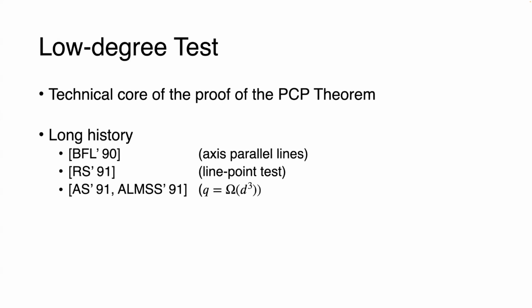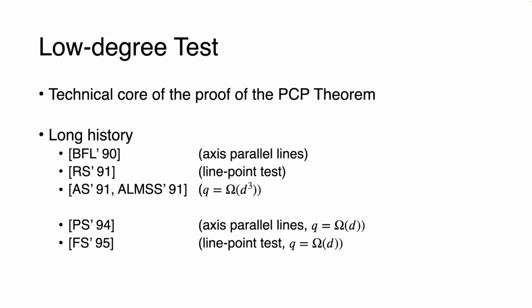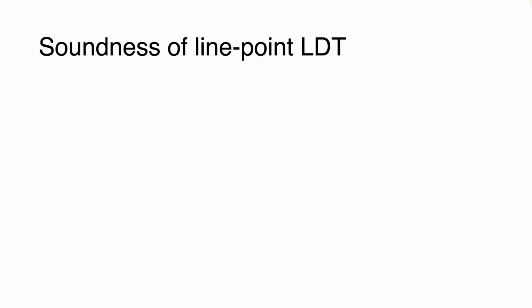There's been subsequent work by Polishchuk-Spielman, which went back to the axis parallel line test, where the soundness analysis works even when q is just omega of d. And Friedl and Sudan analyzed the line point test in the setting where the size of the field is omega of d. All right.